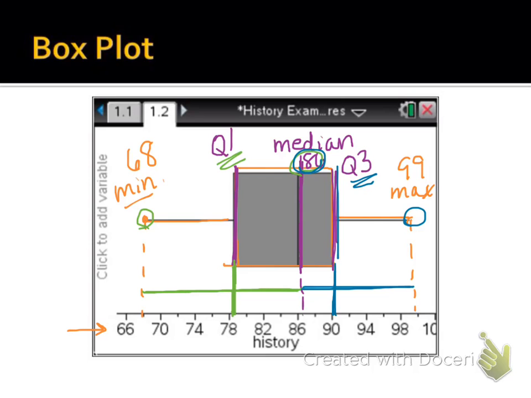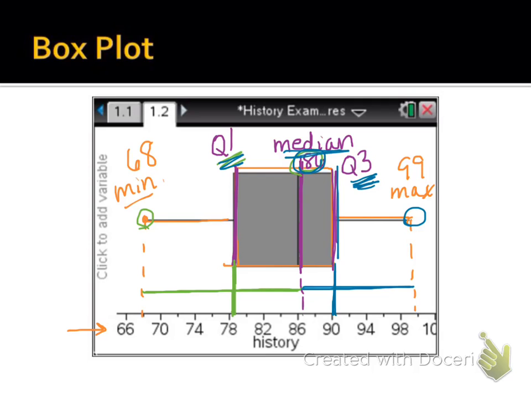Okay, so you are literally dividing your data up into fourths. You find the median, which is halfway in between your min and your max, and then quartile 1 is going to be halfway between your min and your median. Quartile 3 will be halfway between your median and your max.